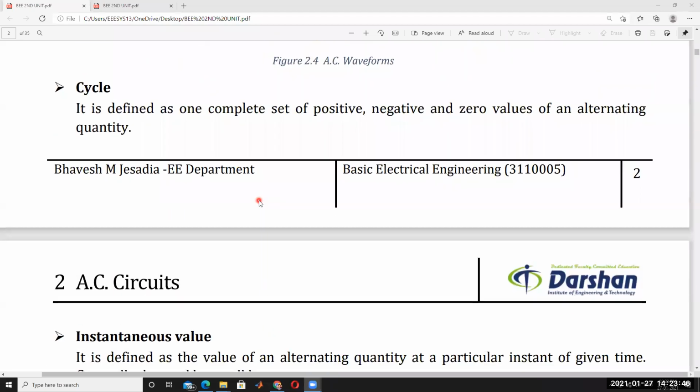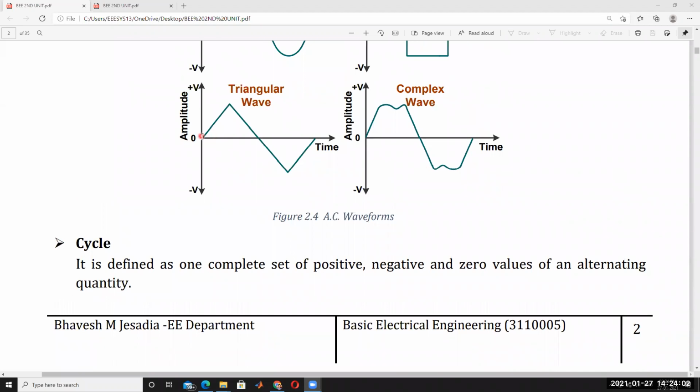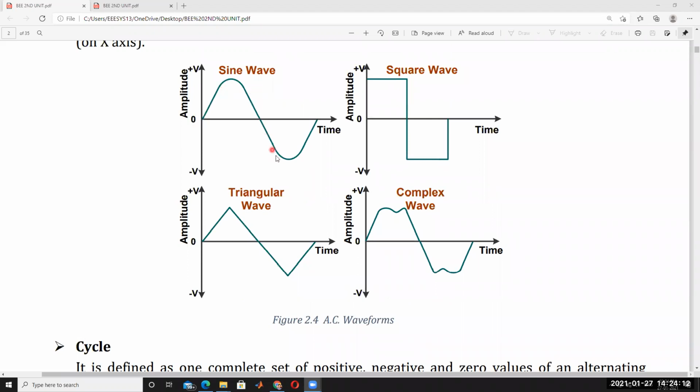Cycle. First, what is meant by cycle? It is defined as one complete set of positive, negative, and zero values of an alternating quantity. So 0, positive, 0, negative, and 0 is called a complete cycle.